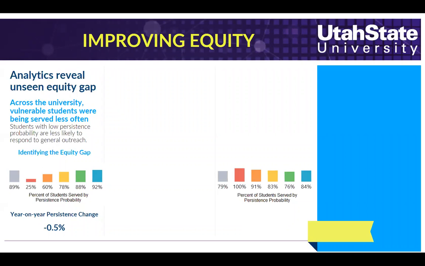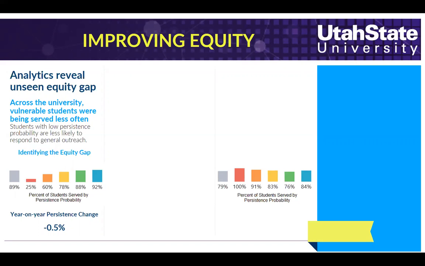But when you break out their levels of service by their persistence prediction in our analytics, you can see this staircase effect. This is an unseen equity gap that, if you're not using analytics, exists and you can't identify it. And it's these red, orange, and yellow students who are not being served because they're not coming through the open door.